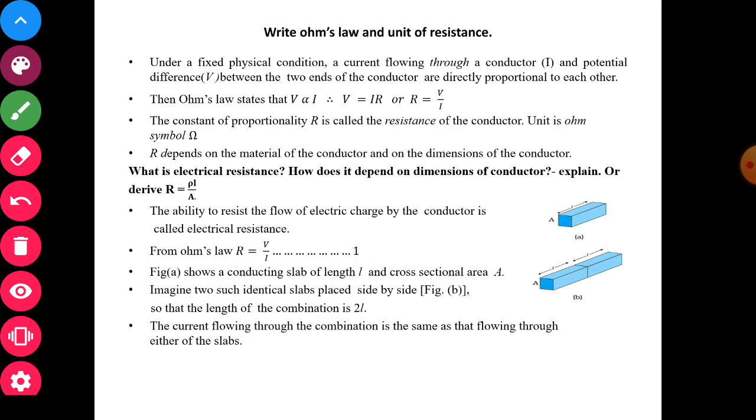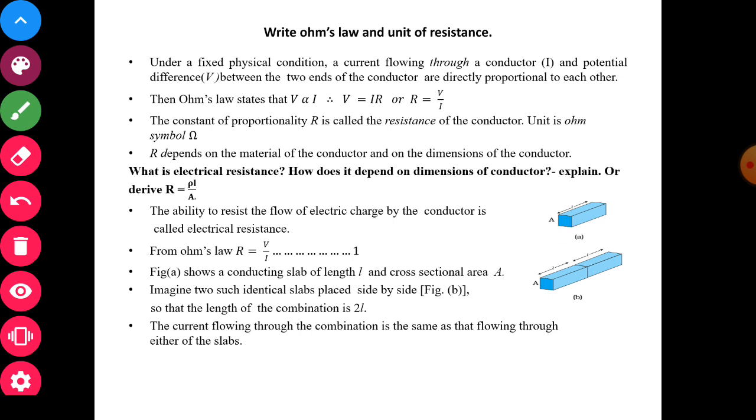Now if current is flowing through the combination, then the current through this combination is going to remain the same. The current flowing through the combination is the same as that flowing through either slab.